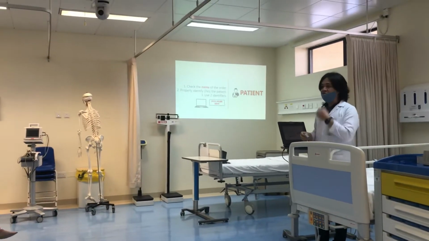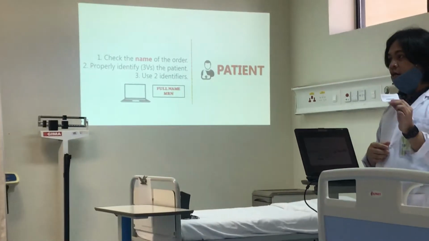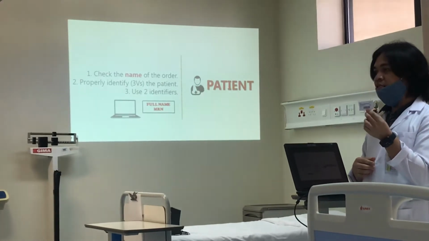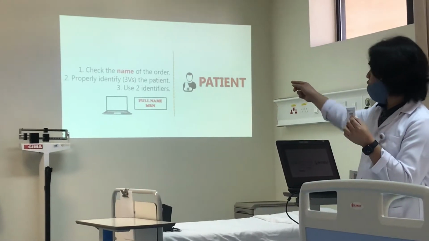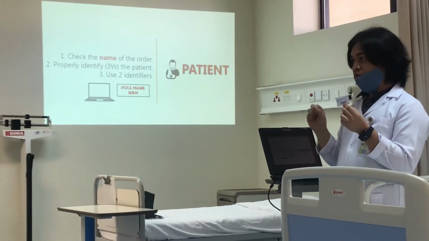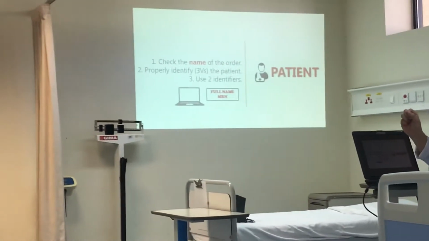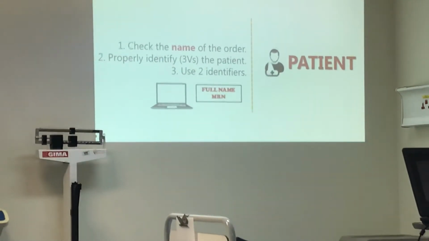And in this right, specifically we emphasize the importance of using this patient's label because it has 2 identifiers. Use 2 identifiers, specifically the name of the patient and the MRN number. Okay? Name in the order itself.